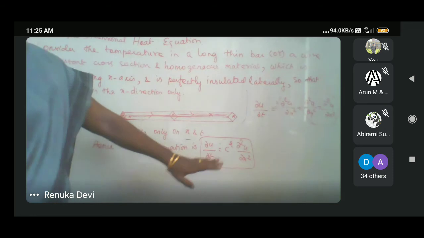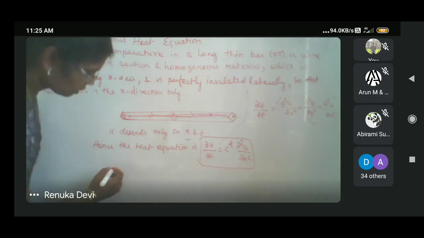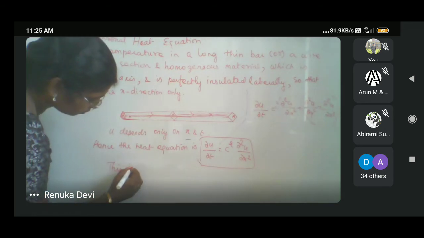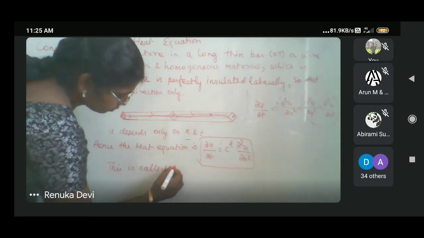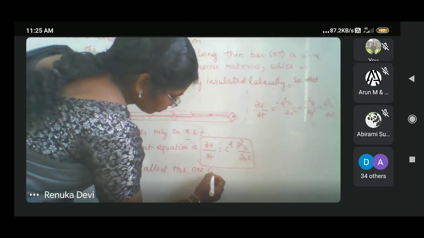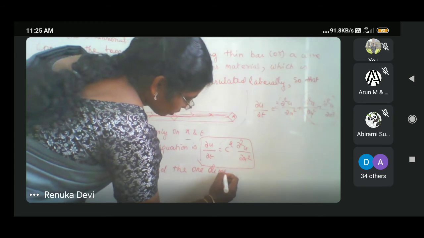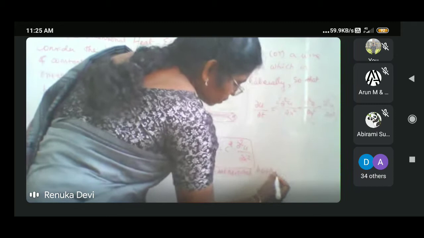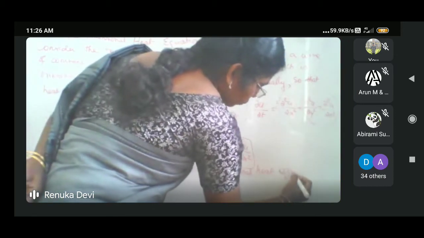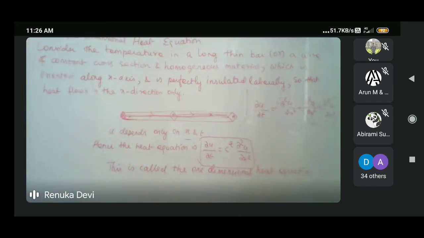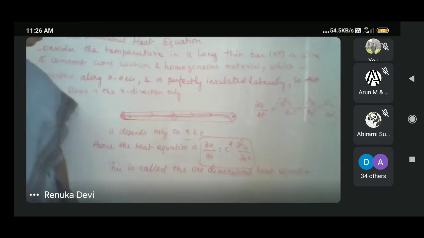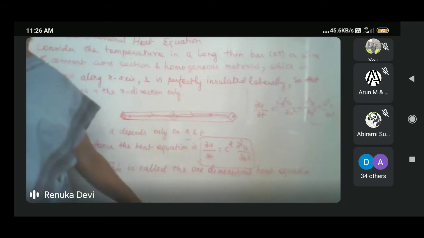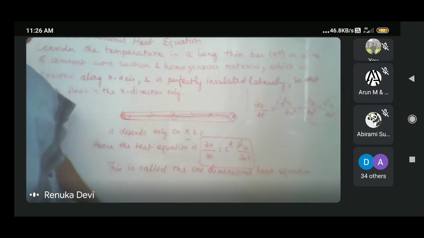So this is called the one-dimensional heat equation. Suppose you are asked to find the solution of the one-dimensional heat equation. I have asked the question in a simple way.